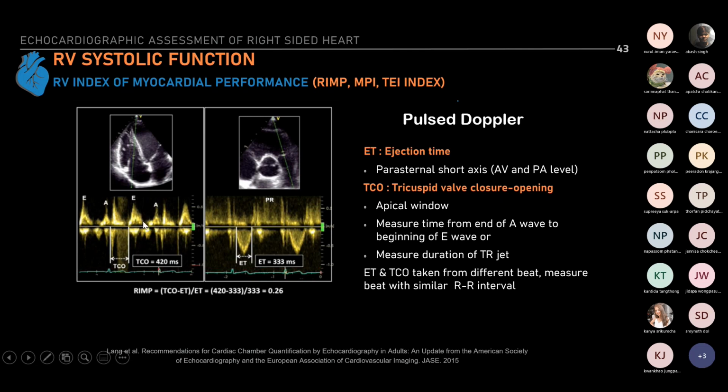And TCO, tricuspid closure to opening time, is measured with Doppler of tricuspid valve inflow, or by measuring the time from the onset of tricuspid regurgitation to the end. These measurements are taken from different beats, so we will use beats with similar RR intervals to obtain an accurate value.